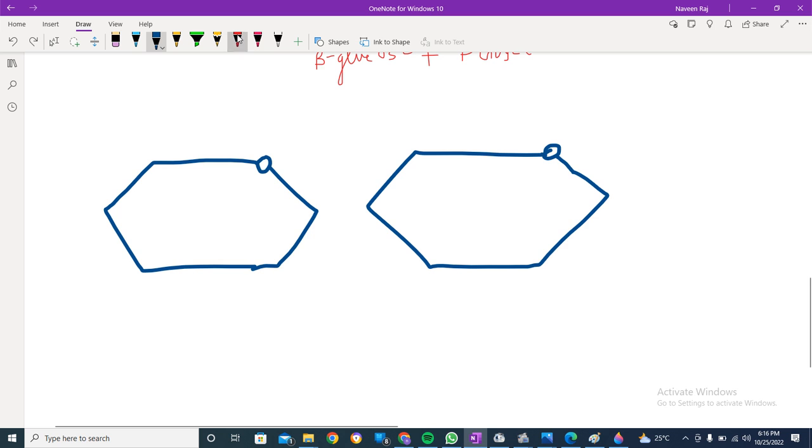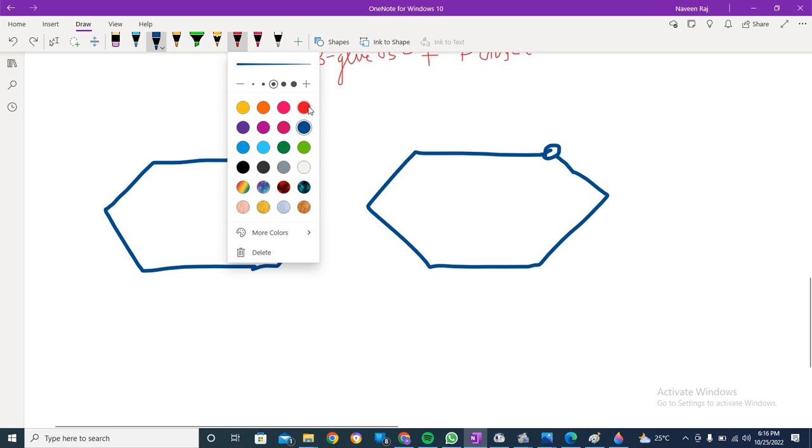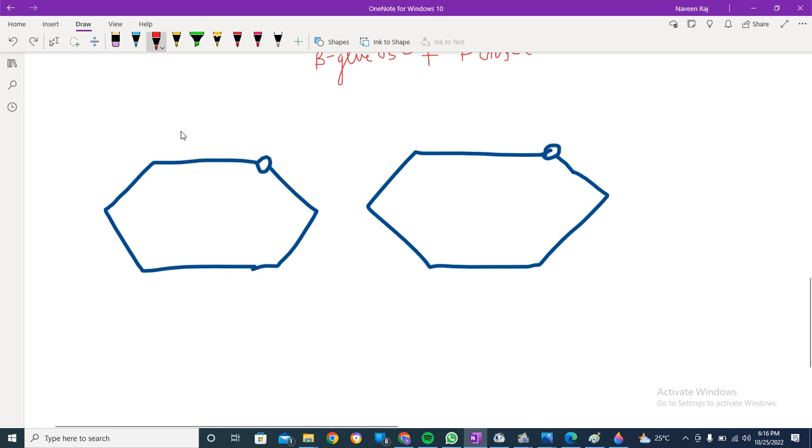What will come here? On C1, what is the arrangement? The arrangement on C1 is OH and H. So OH is up, this is beta.